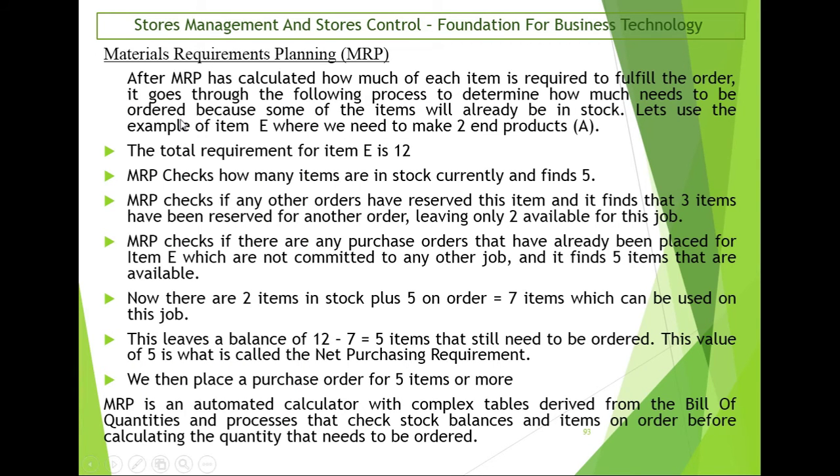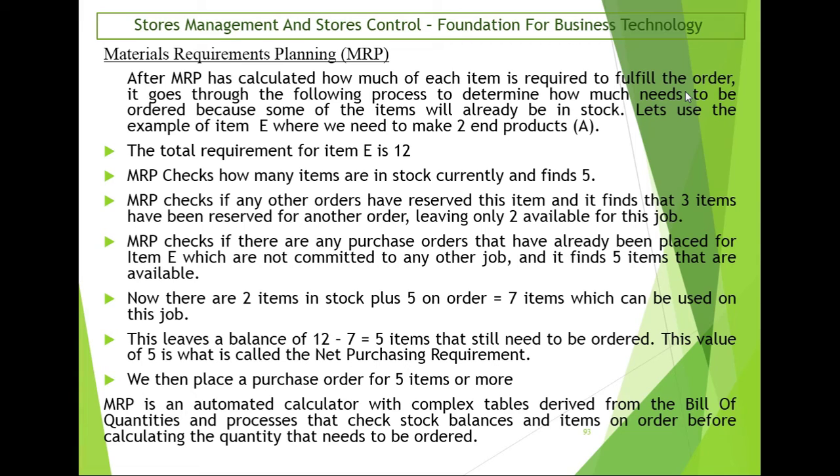So the way that MRP works is that after it is calculated how much of each item is required to fulfill the order, it now goes through a process to determine how much we actually need to buy for that item.